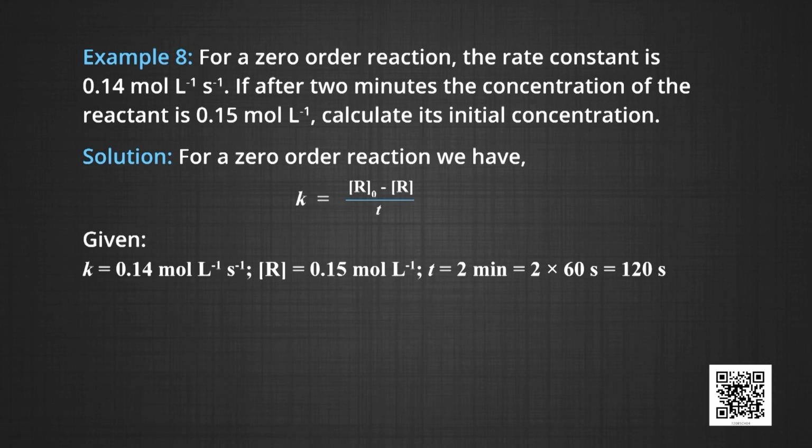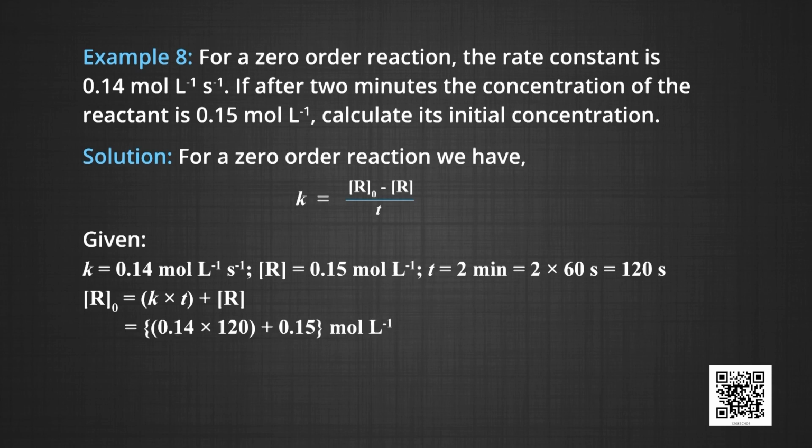Converting it into seconds, it will be 2 into 60 seconds equals to 120 seconds. Now, putting the values in the expression, R naught is equals to K into T plus molar concentration of R. Values putting 0.14 into 120 plus 0.15 moles per liter.